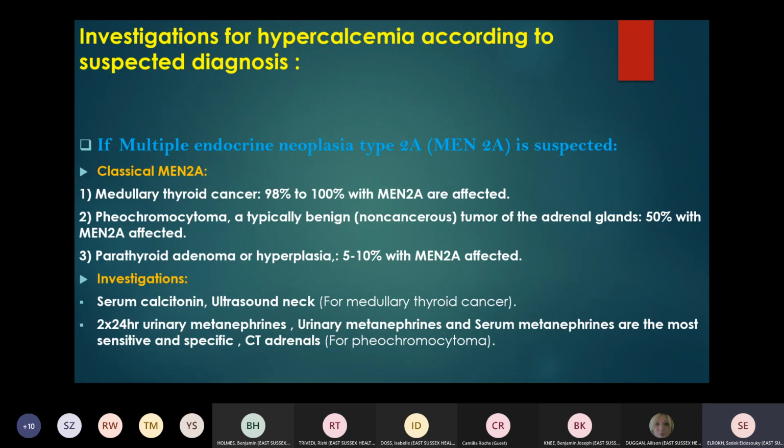You can ask also for CT adrenals to rule out adrenal enlargement or adrenal incidentaloma or adenoma, I mean. This is if you are suspecting MEN2 as a syndrome involving primary hyperparathyroidism, which can cause hypercalcemia.